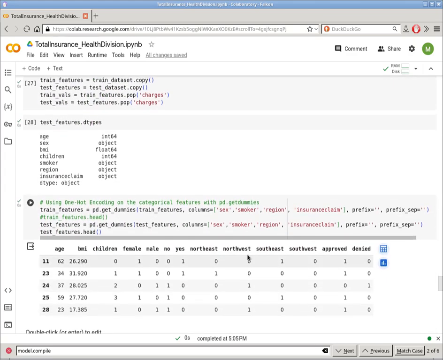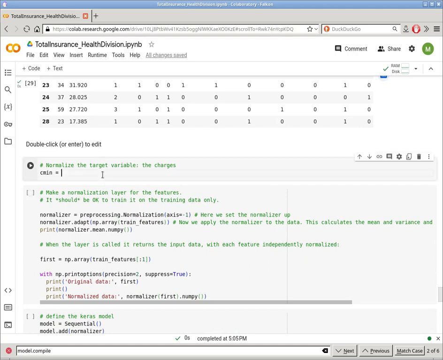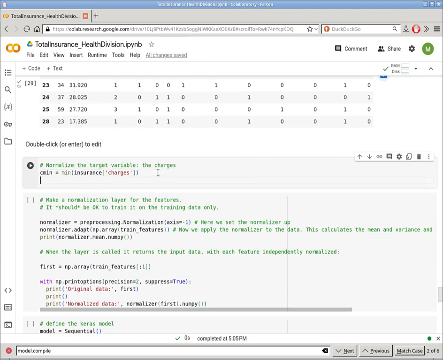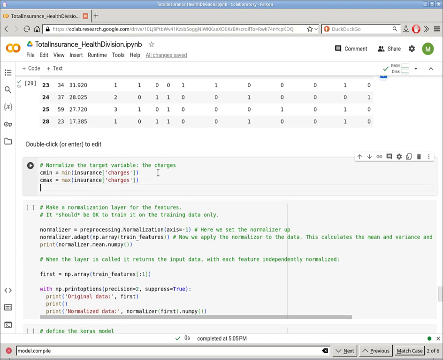So if we want the absolute max, let's just get it from the original whole data set. That's the absolute minimum, and the maximum similarly. And now let's print those out.